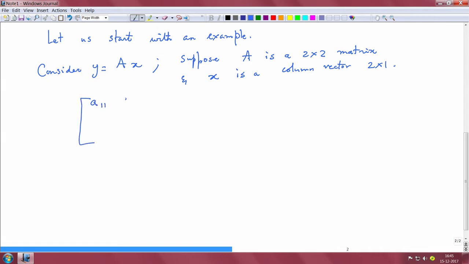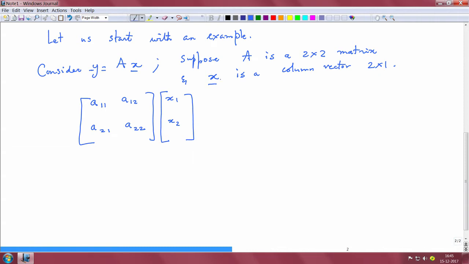A is A11, A12, A21, A22. This is our standard notation, right. The first row first column, first row second column, second row first column, and the second row second column, and then we have x1, x2, these are the elements of this vector x, right. So, I just put this bar underneath y and x indicative that they are vectors.